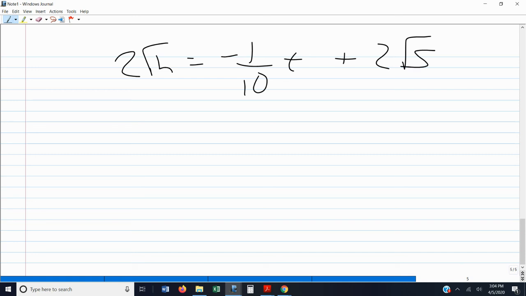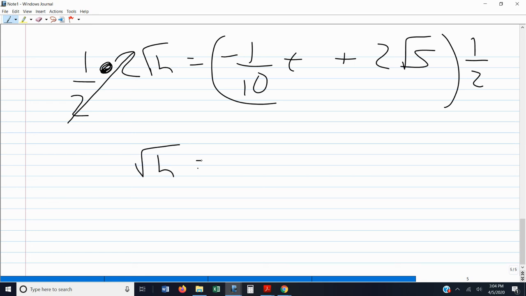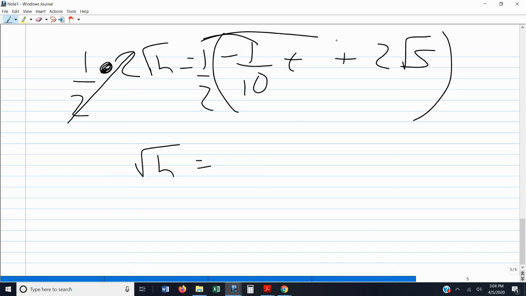Okay, so if you didn't want to do that divided by 2, you could multiply by 1/2, which is the same thing. It's going to cancel out that 2, and then that 1/2 is going to distribute to both. If you prefer to write it in the front, that's totally fine too. Like that. So it's going to distribute to both.